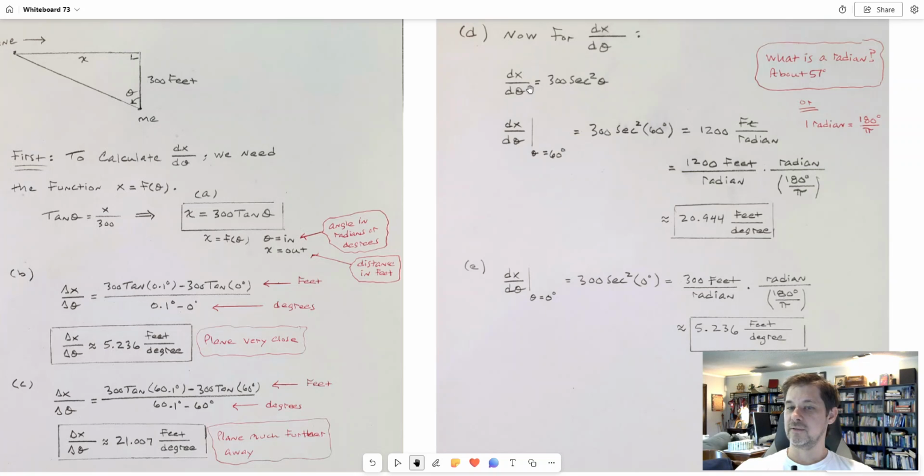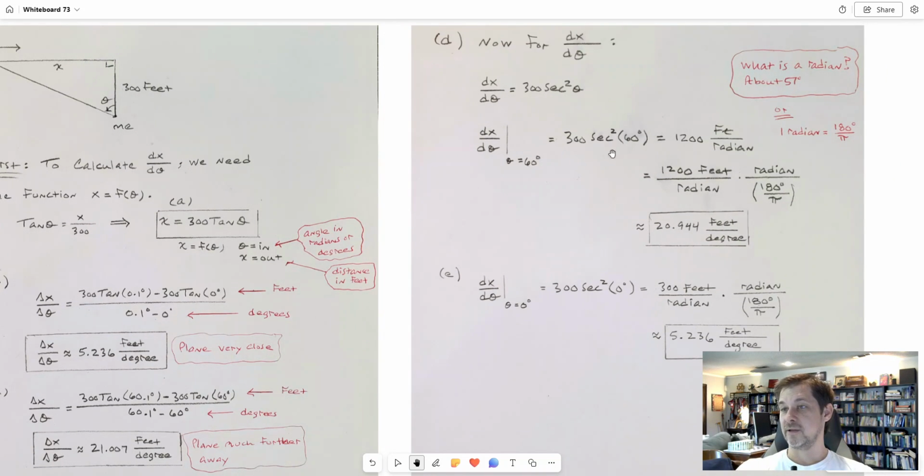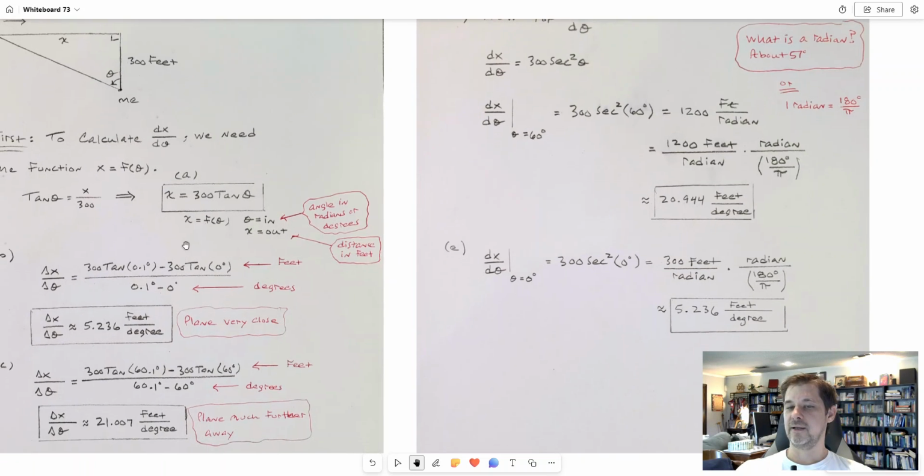We were doing distances in feet here, but the default you get for the angular measurements out of the derivative, no matter what, are in radians. So this is going to be 1200 feet per radian. That's just the way it's going to work. I can intentionally calculate those over here with the angular measurements in degrees, but the derivative just works out to give you feet per radian, or distance per radian.